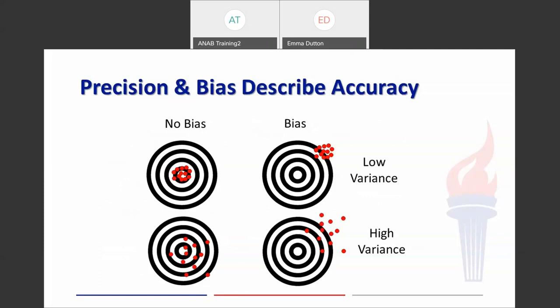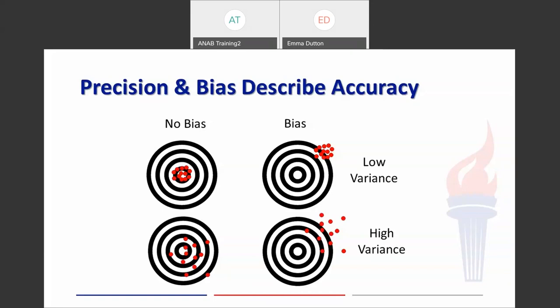We're trying to get to the center of the target where we have no bias and very low variance or good precision, and that's depicted in the upper left-hand quadrant target, where our quantity values are closely clustered and centered around that target.